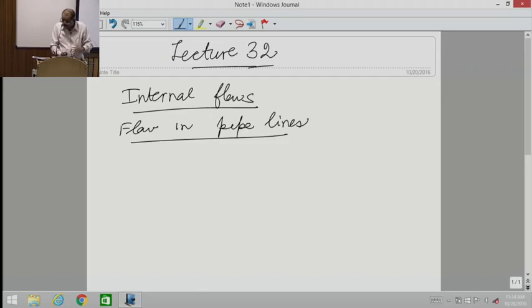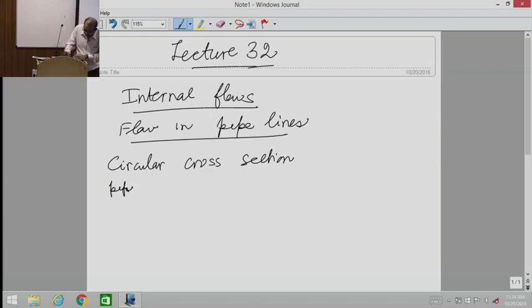So we are looking at flow in a pipe of a circular cross section.